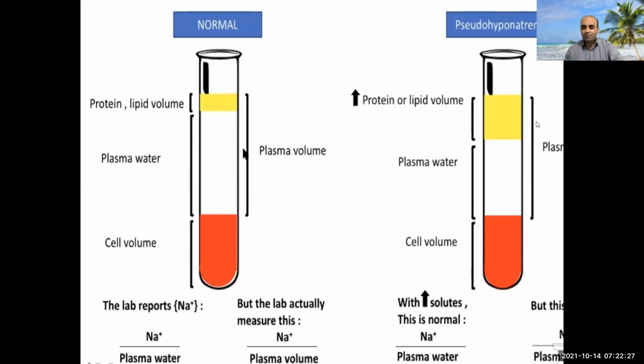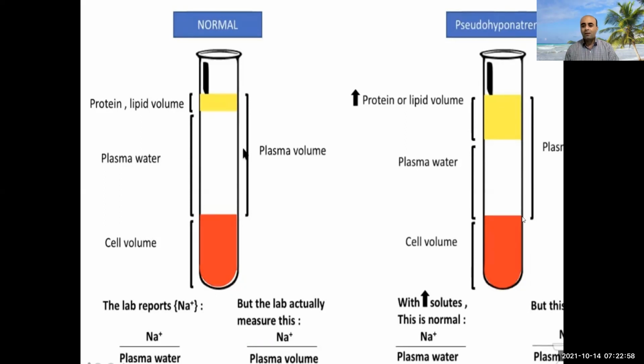But actually, the lab measures according to the technique used to measure sodium in our plasma. The sodium is taken from the patient and reported, and because of this double amount of plasma volume in hyperlipidemia and hyperproteinemia, this will give you a wrong number, a pseudo number of low sodium.